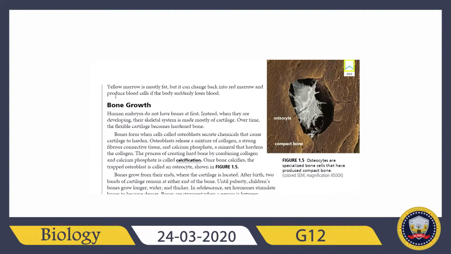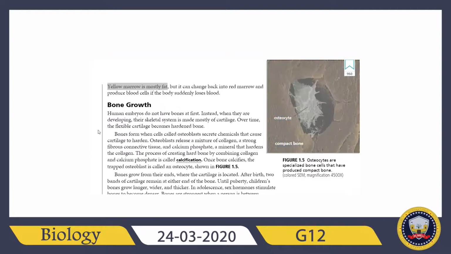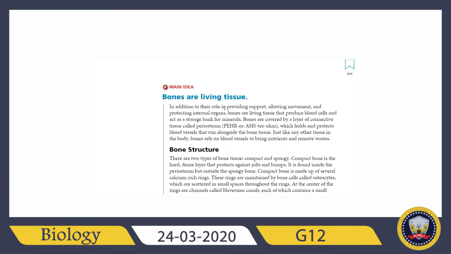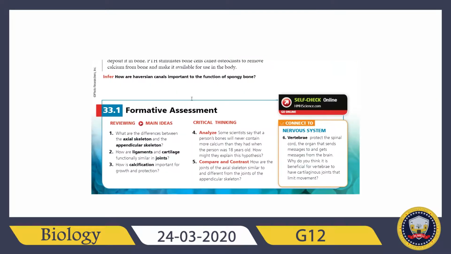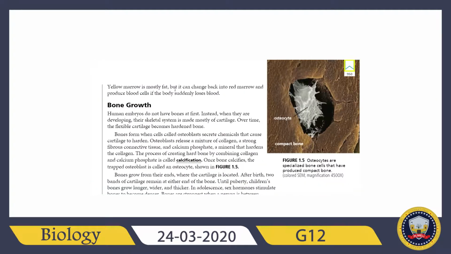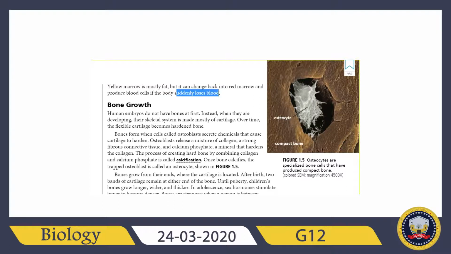Good. Now, yellow marrow is mostly fat. That's why in some cultures there is a cuisine where they eat the yellow bone marrow. But it can change back into red marrow and produce blood cells if the body suddenly loses blood.